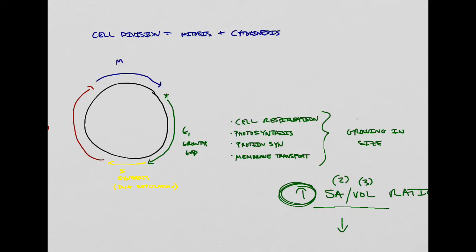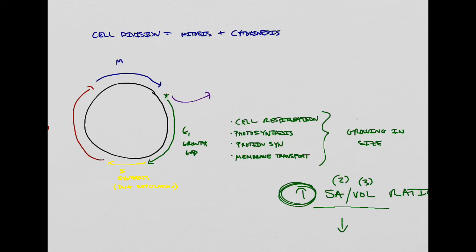Okay, I'm going to add one more arrow to this diagram here, and that starts right here. Actually, I'm going to move it down slightly. So not all cells, after they go into mitosis, enter the G1 phase.